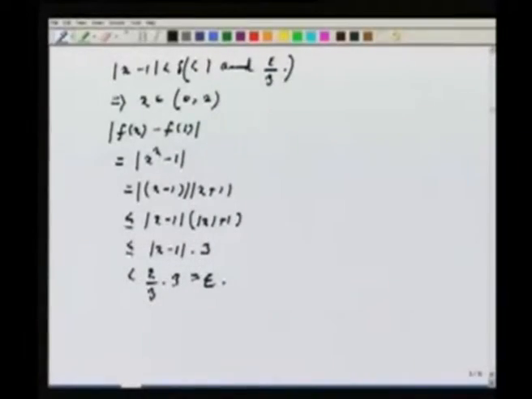I am not claiming that this is the only delta that works. You can actually see from this example very easily that if you choose any other delta 1 which is less than this delta which I have chosen, again you will be able to prove that mod of fx minus f1 is less than epsilon. But what is important to notice here is that the description of delta explicitly depends on the epsilon which you are starting with, and it also has something to do with the way the function has been defined.